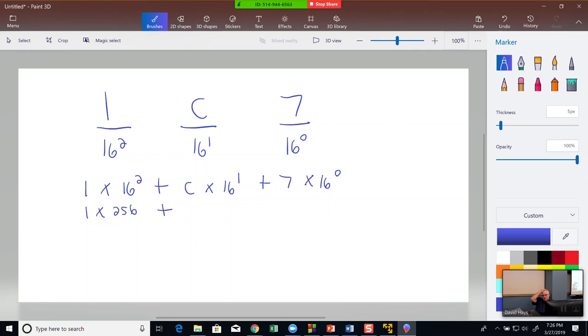C, well, I'm having more trouble with these. A is 10, B is 11, C is 12. So that's 12 times 16. And 16 to the 0 is 1. So that's 256 plus 192, plus 7.